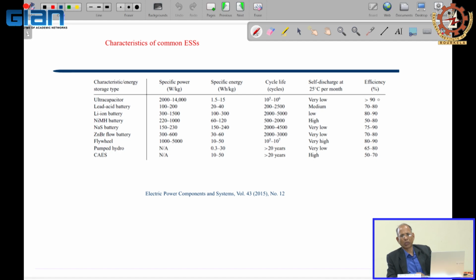So you give consideration to a number of technical parameters to see, for a particular application, which type of storage system could be the most suitable option.